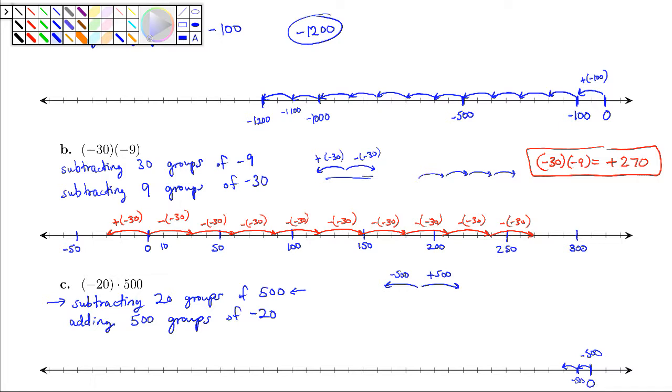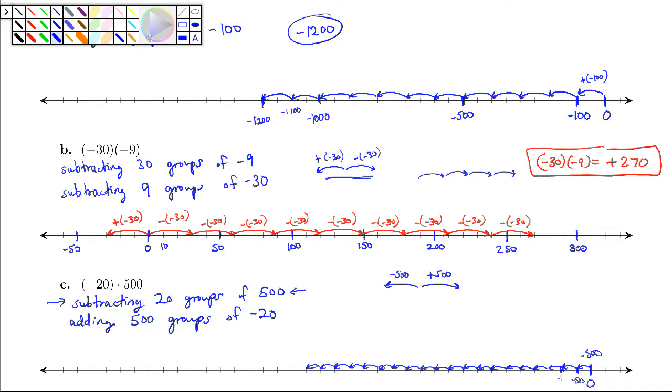Every 2 500s is 1,000. So that would mean the same as subtracting 10 groups of 1,000. So 1, 2, 3, 4, 5, 6, 7, 8, 9, 10, 11, 12, 13, 14, 15, 16, 17, 18, 19, 20. So I'm subtracting 20 groups of 500, and I'm just going to label every 2.